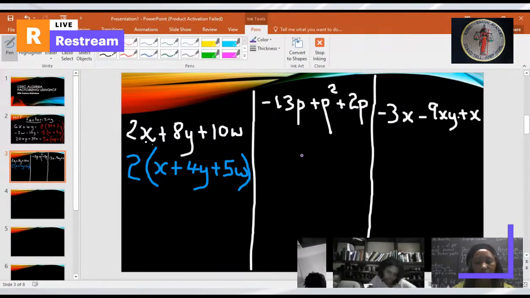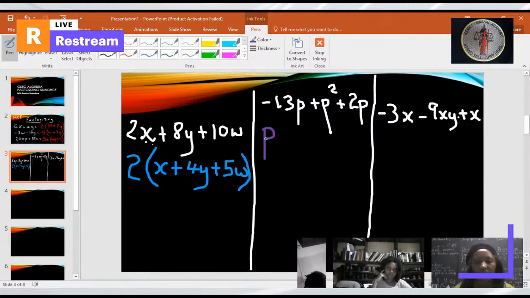Okay, miss. Number 2, negative 13p plus p squared plus 2p. Miss, the highest common factor of the 3 terms is p. So we put p in front of the bracket.